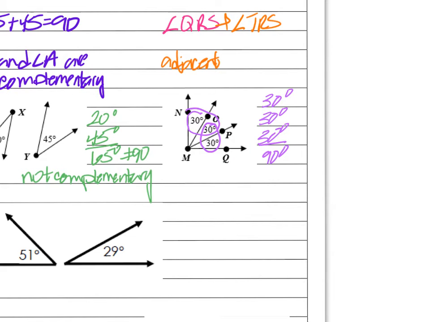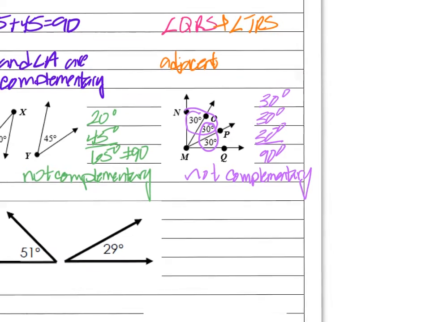So they're not complementary. Okay, so 2 angles. Sorry, it's a long word. Not complementary. So it can only be 2 angles that add up to 90, and they can be touching, and they don't have to be touching. Either way, it makes them complementary.